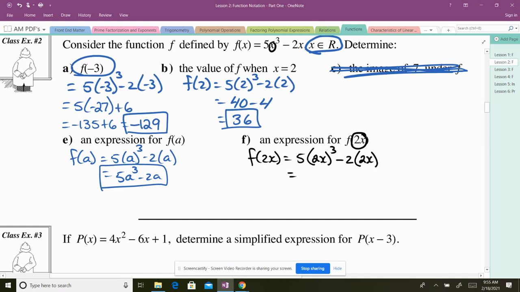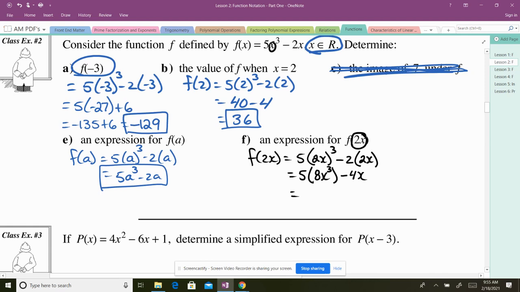Then we do the cubing, right? Because brackets, exponents. This 3 goes to what in here? Goes to both, right? So what is 2 cubed? 8. So I'm going to get 5 times 8x cubed minus 2 times 2 is minus 4x.